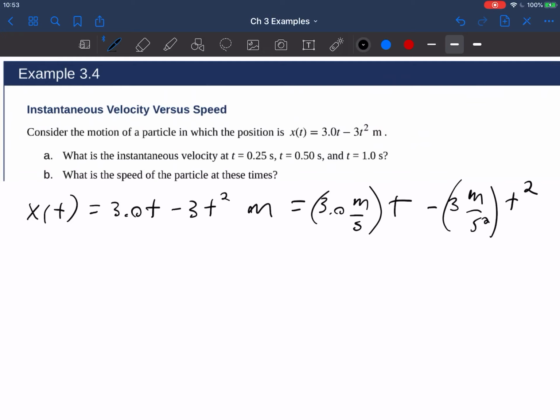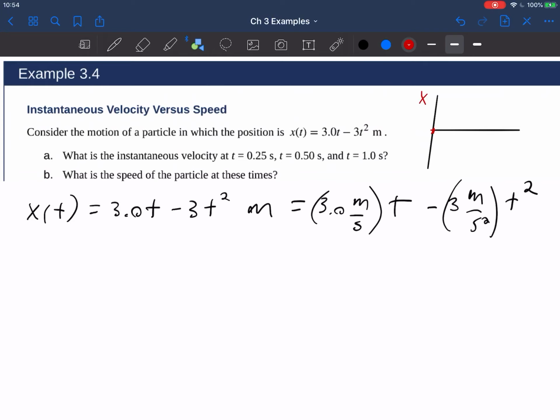Okay, so now we have the position of a particle at any moment in time. If you wanted, you could graph this. This is a graph that would look something like this. Here I'm graphing position versus time. At time equals 0, you could plug in, I get 0 minus 0, so I'm definitely at position x equals 0 at that moment.